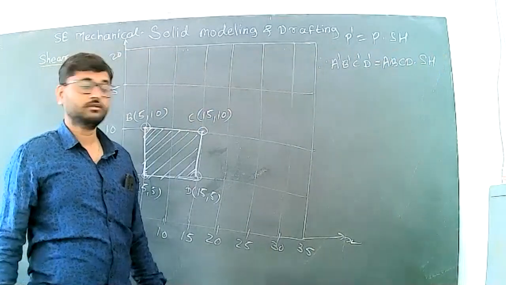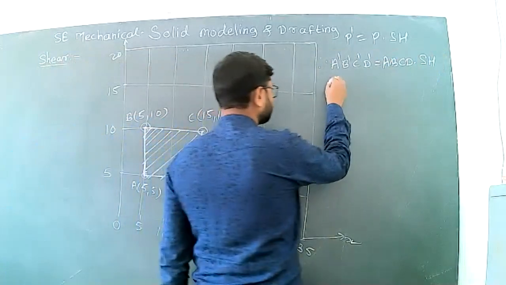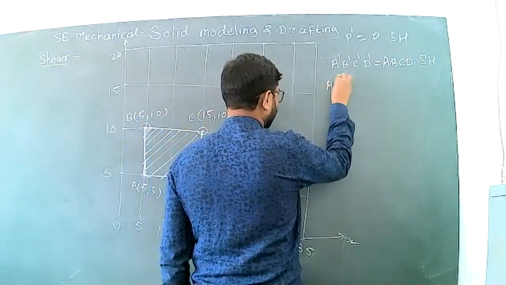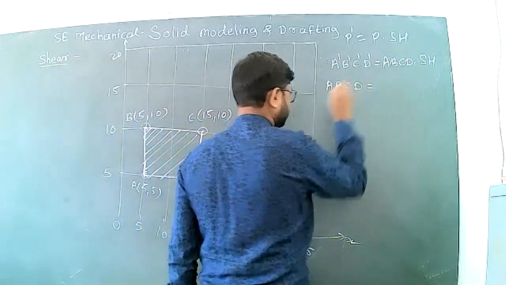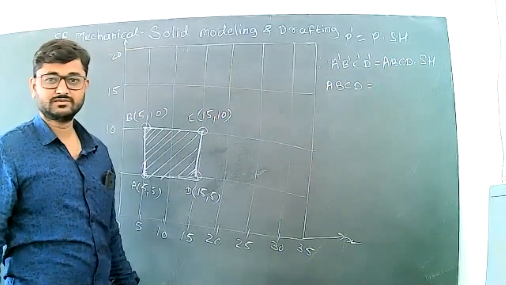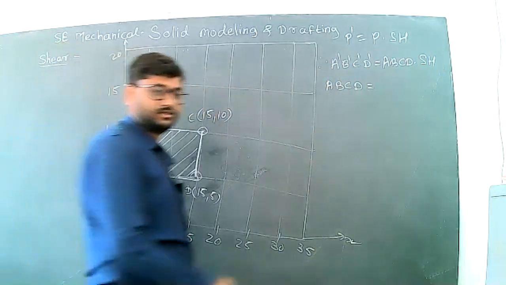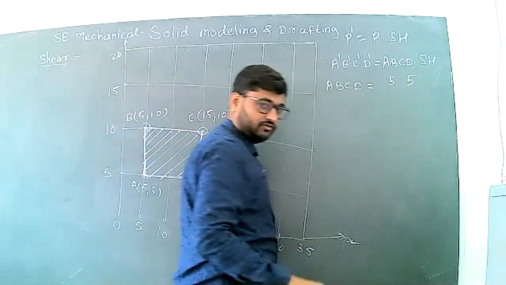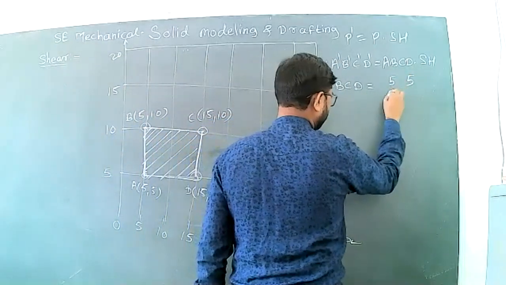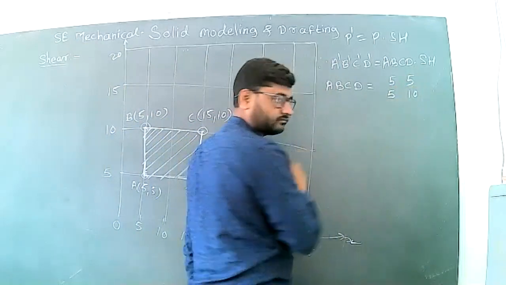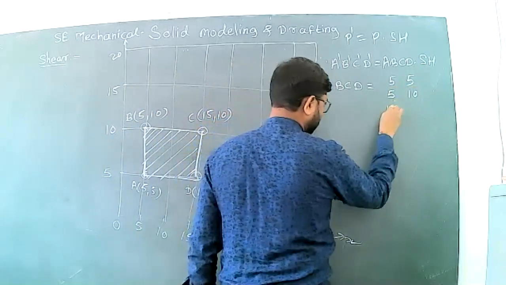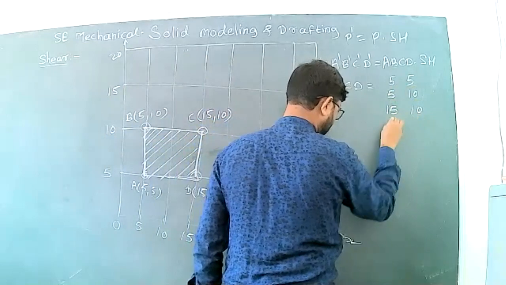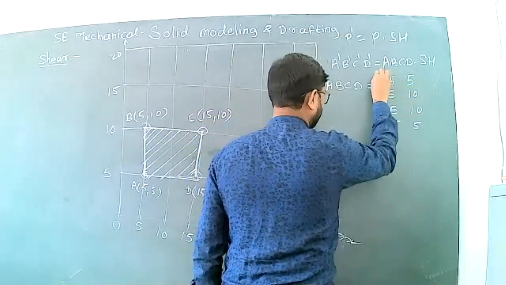SH means the shear transformation. So, students, here A, B, C, D, the points of the rectangle, are in the form of a matrix: (5, 5), (5, 10), (15, 10) and (15, 5).